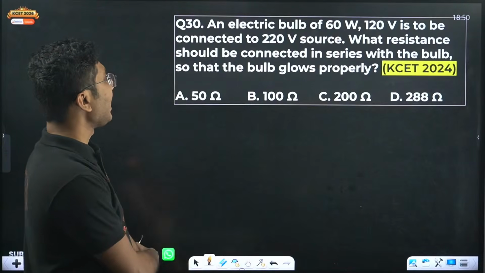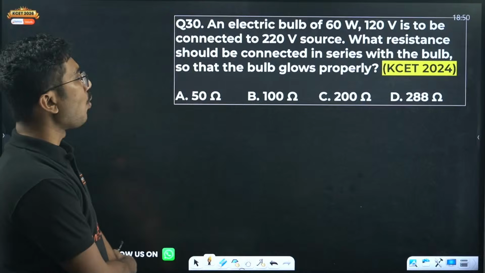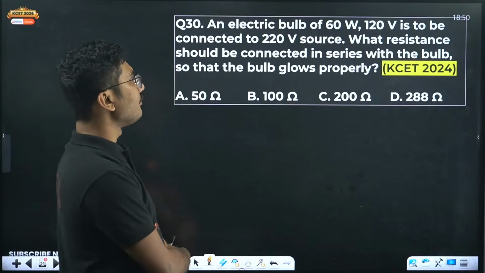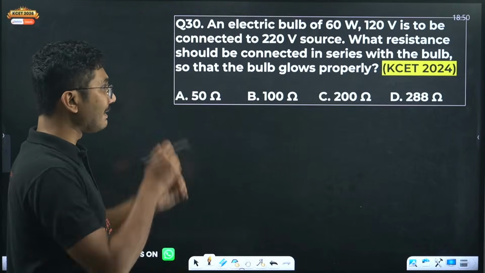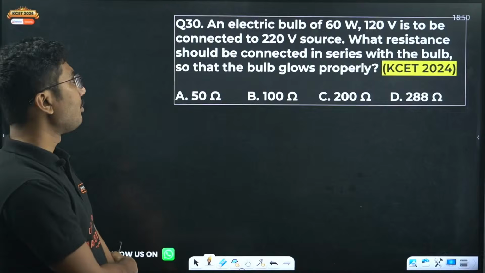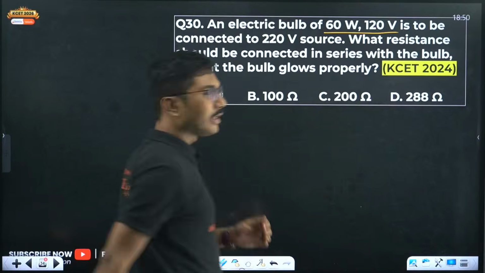Let's simplify. An electric bulb of 60 watt 120 volt is to be connected to 220 volt source. What resistance should be connected in series with the bulb so that the bulb glows properly? So we have 60 watt 120 volt.